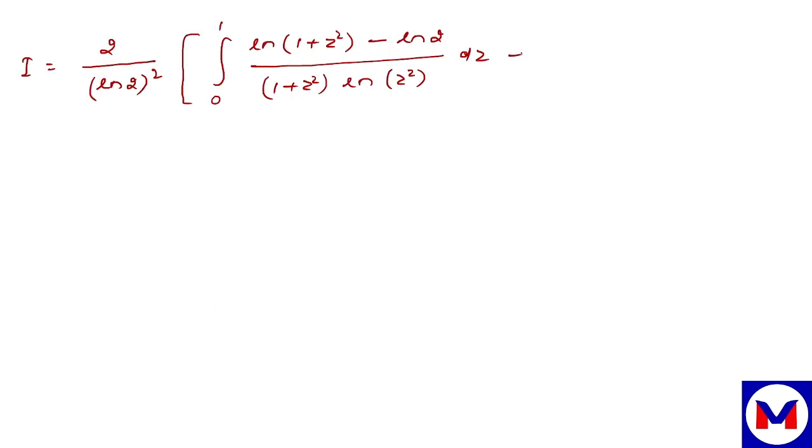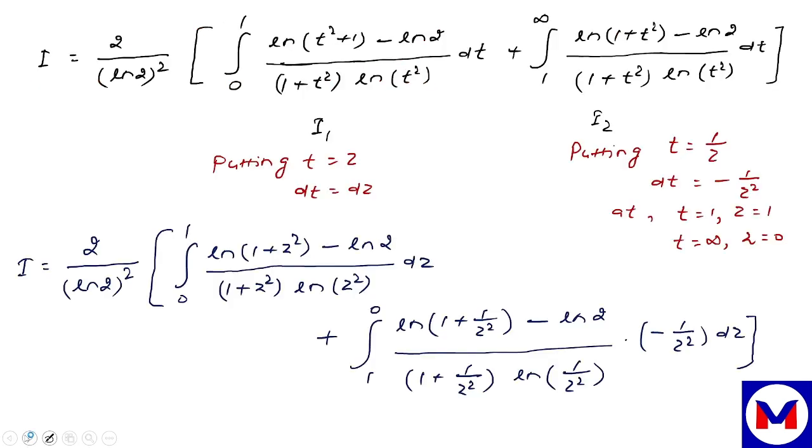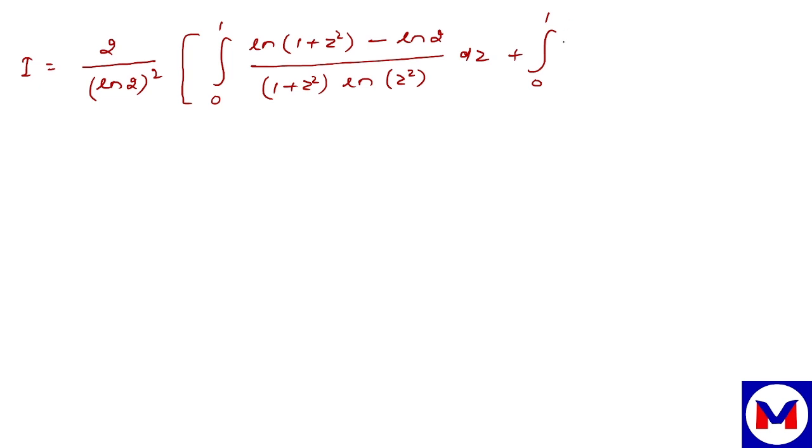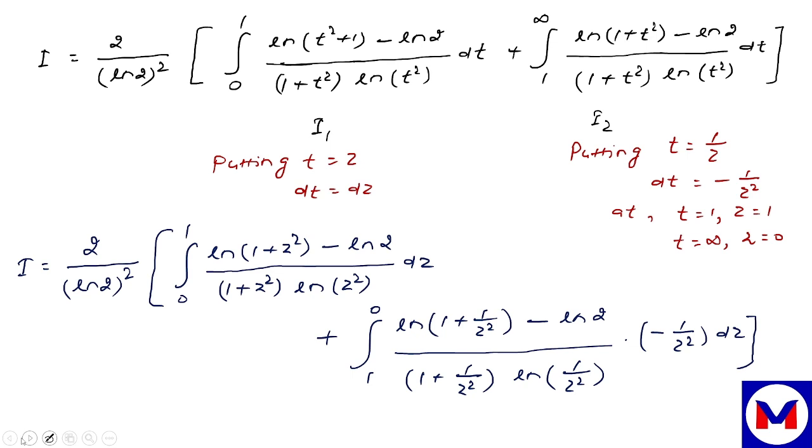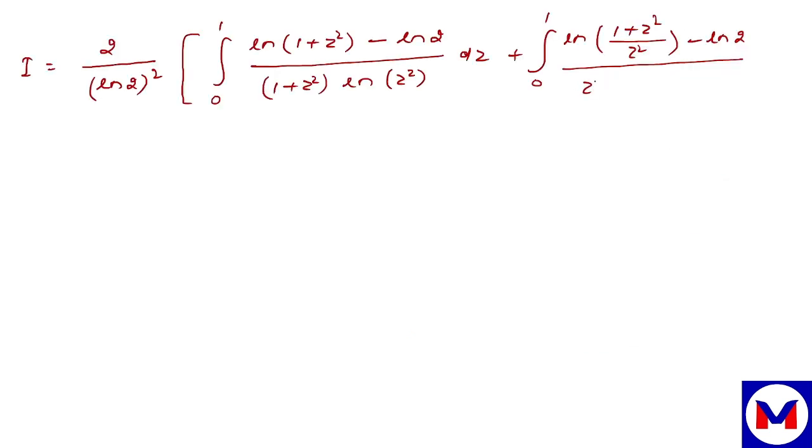plus 0 to 1. This becomes ln (z square plus 1 by z square... ) Specifically, ln ((z square plus 1) by z square) minus ln 2, upon (z square plus 1) by z square, and minus ln z square, times 1 upon z square.